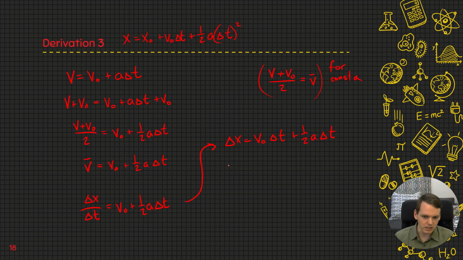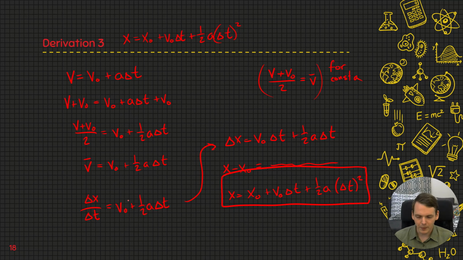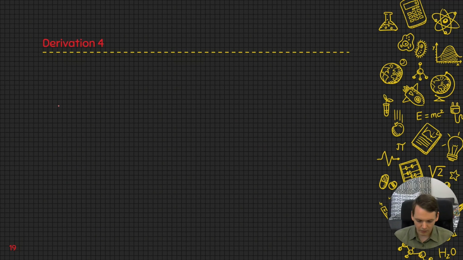As a reminder, any delta is going to be the final value minus the initial value. And I'm going to leave that kind of scribbled for now. But that lets us then rearrange algebraically to get x equals x naught plus v naught delta t plus 1/2 a delta t squared, which is in fact what we had up top. 3 down, 1 more to finish off.